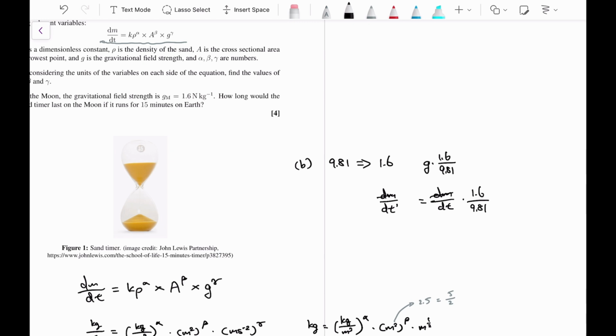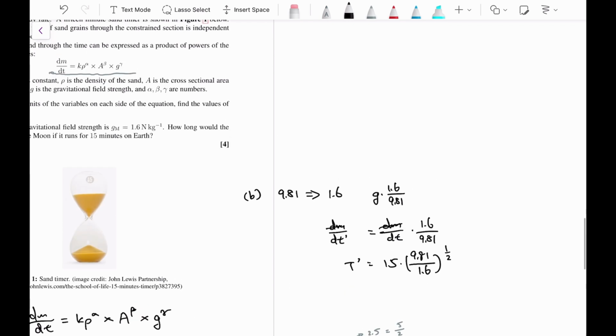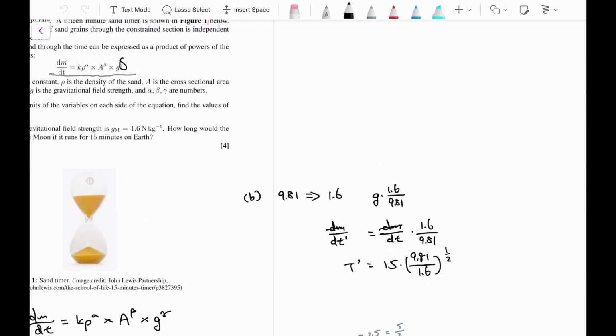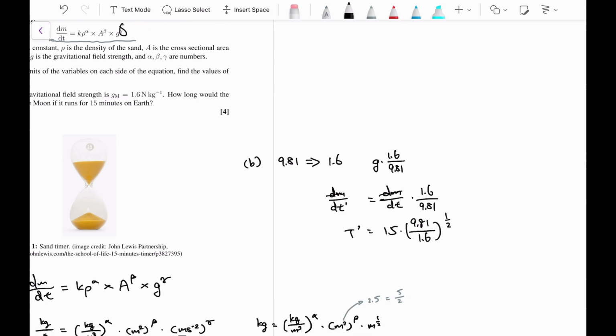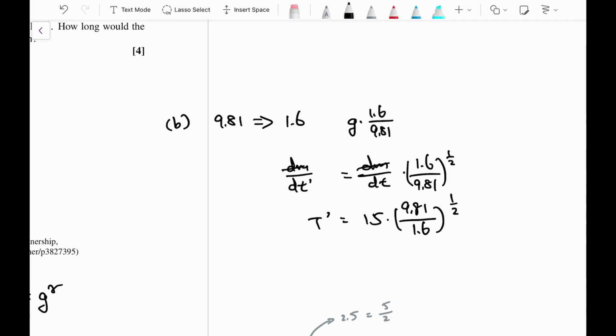So the new t will be equal to the initial, which is 15, times the reciprocal of this, which is 9.81 over 1.6. But I did forget something. Distribute the power of a half, because g is to the power of gamma. So we know from the previous question gamma is equal to a half. So this is to the power of a half, and then we will be able to calculate the new period.